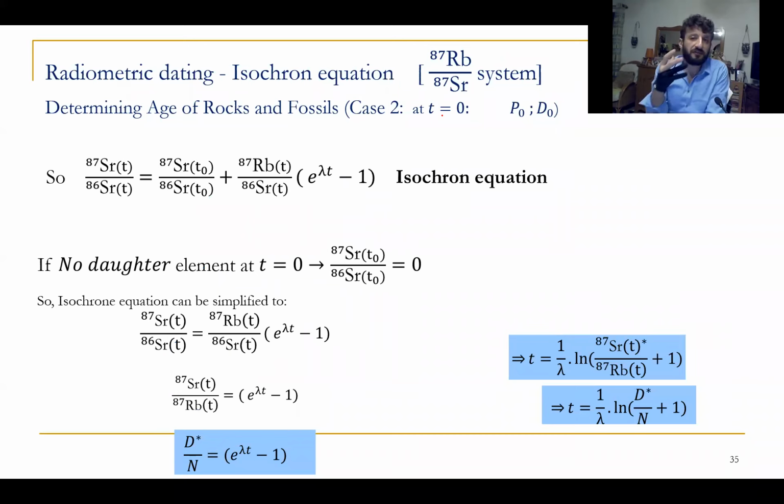Now, I want to complicate the problem a little. If I give you two unstable atoms, two undecayed atoms, and two stable atoms, what can we do?